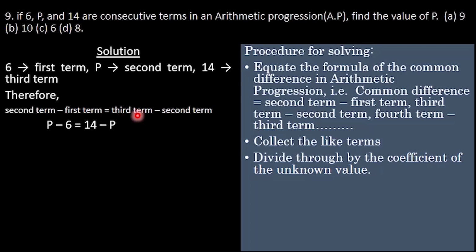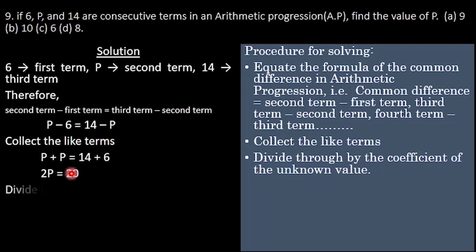We now have second term minus first term, that is, our second term here is p, minus first term, our first term is 6, equals to third term here is 14 minus second term, which is p. Then we collect the like terms. p plus p, now we have 2p, equals to 14 plus 6, now we have 20. Then divide both sides by 2. 20 divided by 2, we have 10 remain.